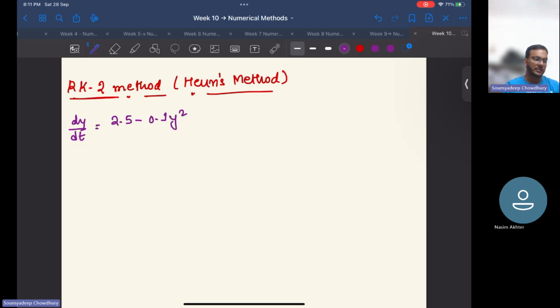We'll take the same differential equation and see how to solve it using Heun's method, or the second order RK method.